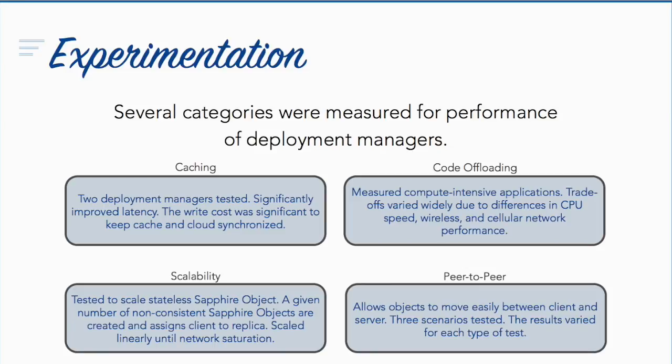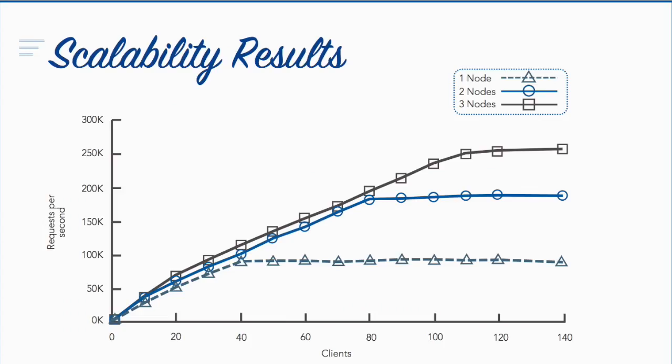The second used Keep on Device Deployment Manager, which dynamically moved the game object to the device that accessed it. And the third used Consensus RSM P2P Deployment Manager, which created synchronized replicas of the game Sapphire object on callers' devices. And now we have some graphs of the results from here.